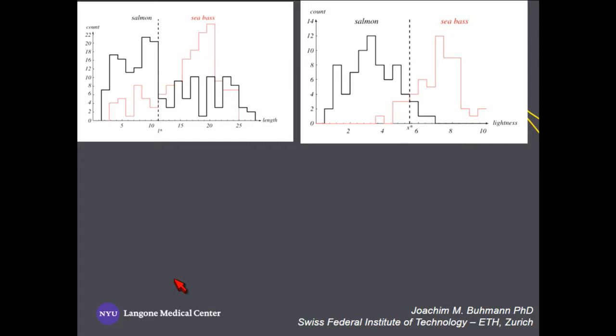In terms of classification, this is just an example from the Swiss Federal Institute of Technology. They tried to separate salmon from sea bass using the weight and the length of the fish. And actually, this is how things are done on commercial fishing boats, okay?